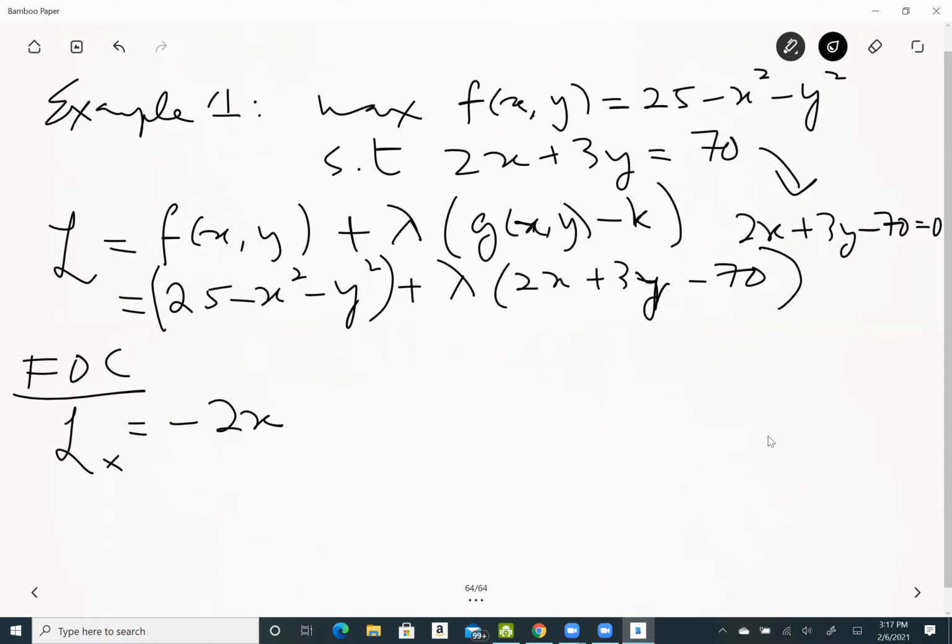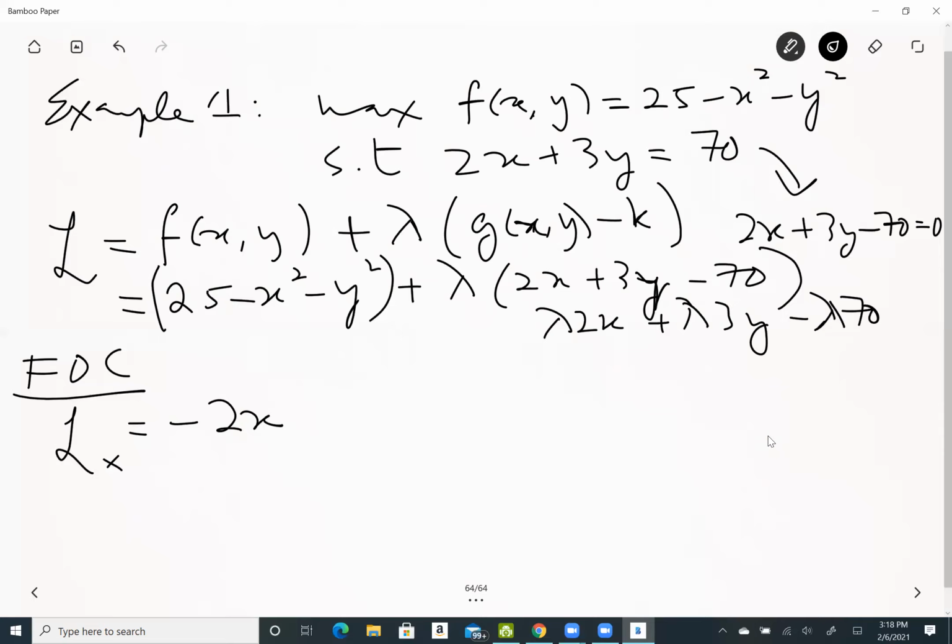Like I said earlier, in order for us to not be confused and make mistakes, you multiply the lambda into the terms: lambda 2x plus lambda 3y minus lambda 70. If you do that, then we will not make mistakes.